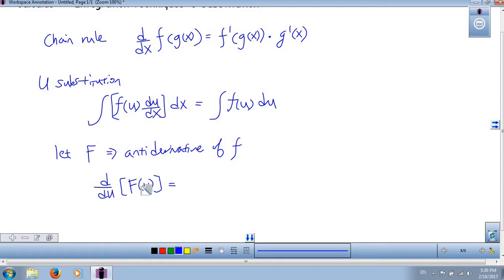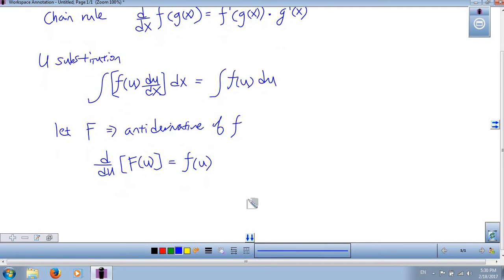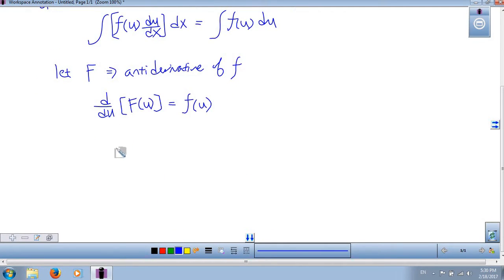Well, since capital F is the antiderivative of f, when we take the derivative we just get f of u. That's pretty straightforward, right? Now let's think about the opposite. If you integrate lowercase f of u du, what are we going to get? Because capital F is the antiderivative of lowercase f, we get capital F of u back, plus an integration constant.